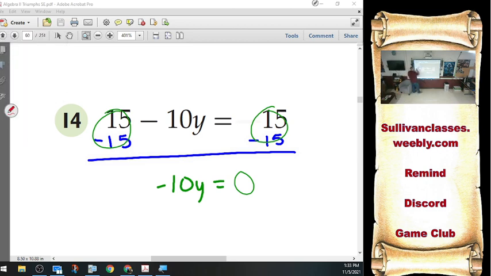What happens when I divide by that negative 10? What is 0 divided by 10? 0, right? So I see 10 kids over here. You guys don't get anything. I have a box of pizza in front of me right now with 0 pieces of pizza in it.